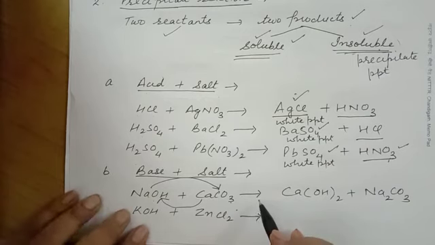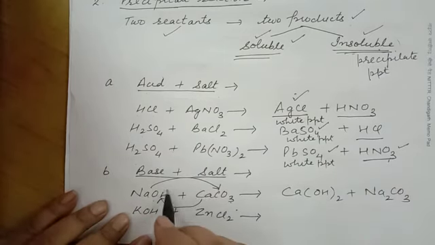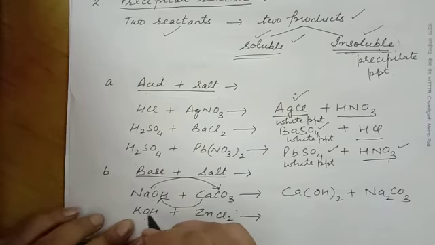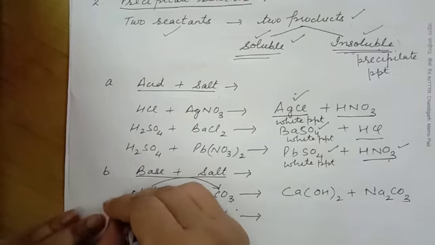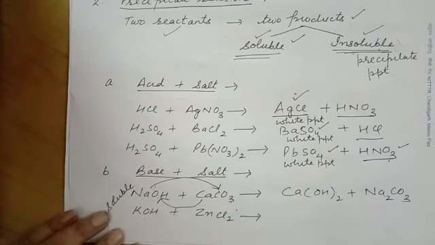Why are these so special? Because in this reaction we are taking one compound of sodium or potassium. Why? Because all the compounds of sodium and potassium are soluble in nature, so we can clearly see the other product that is insoluble.